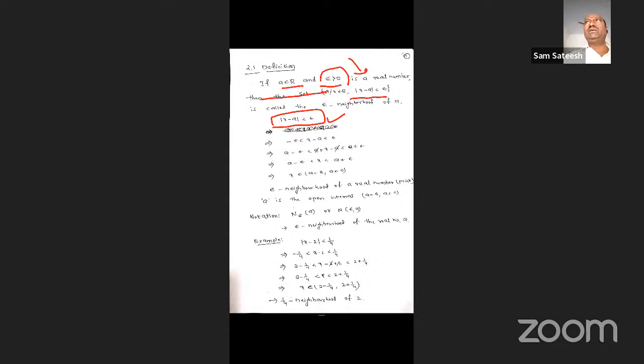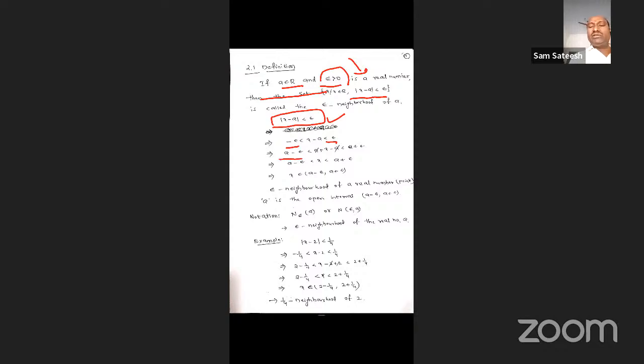This is the first step. Mod gives a positive number and a negative number. The negative number takes the left side and the positive number takes the right side. Here minus epsilon less than x minus a less than epsilon. This is the inequality; now add a on the left-hand side.